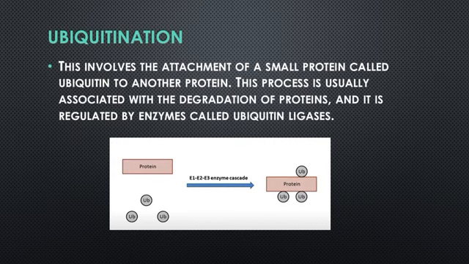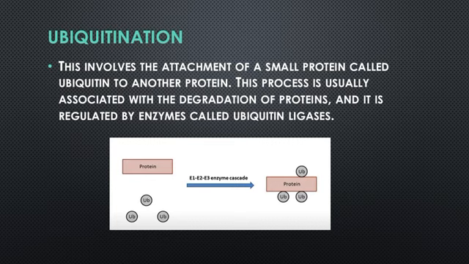Ubiquitination. This involves the attachment of a small protein called ubiquitin to another protein. This process is usually associated with the degradation of proteins, and it is regulated by enzymes called ubiquitin ligases.